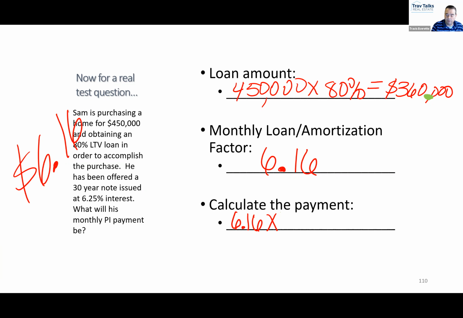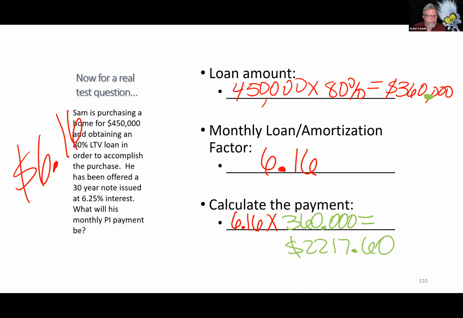So what number am I multiplying by here? 360.000. And that gives me what? 221,760. Does everybody see where that came from?